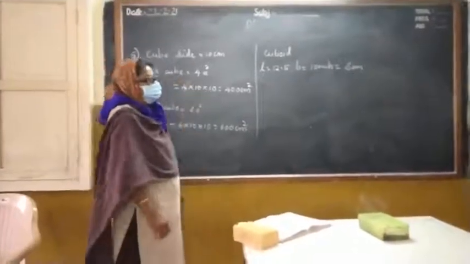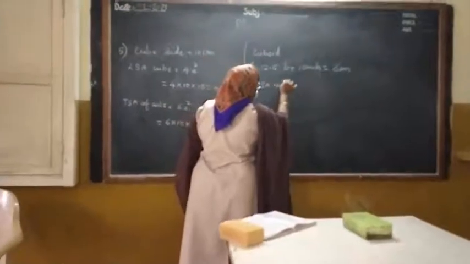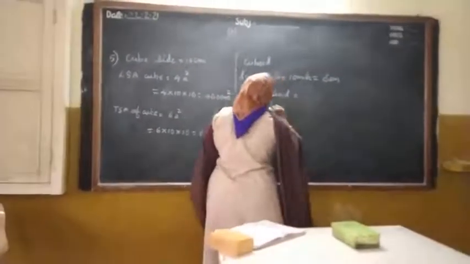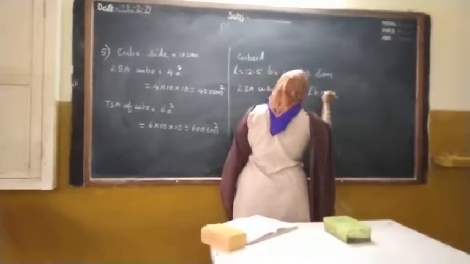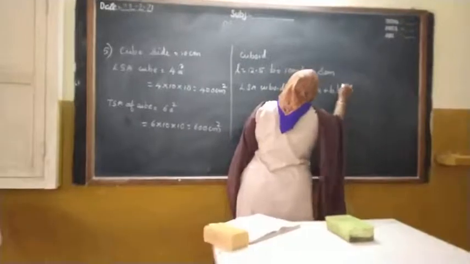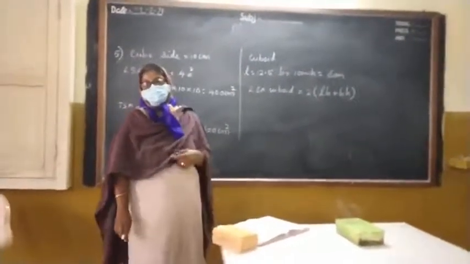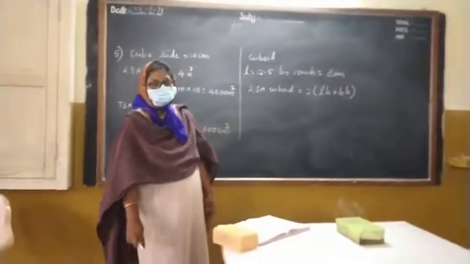Same you have to find out for cuboid. Lateral surface area of cuboid is equal to 2 times LH plus BH. Lateral surface area, that is 4 walls, so it will be 2 times LH plus BH.